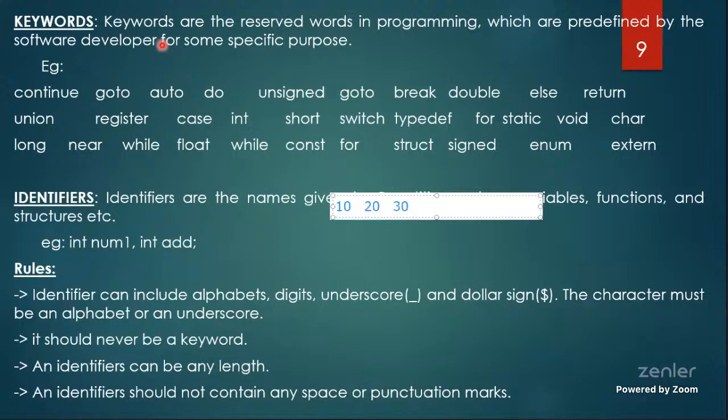To identify something is correct. I have entered some numbers, but how will I come to know where this number is stored? Directly I cannot ask for it. So what I do is give a location name: this 10 is in A, this 20 is in B, and this one is in C. Got it?